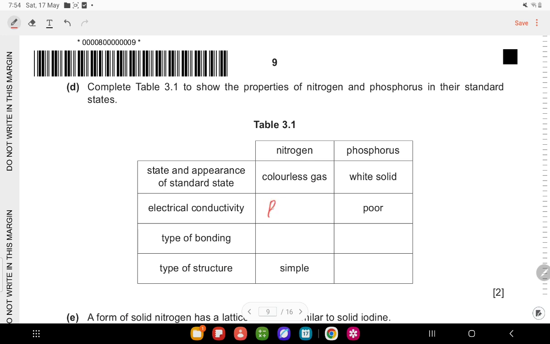Nitrogen is a gas, so it has poor electrical conductivity. Type of bonding, covalent and simple molecule. The type of bonding in phosphorus is also covalent, and this is also a simple molecule.